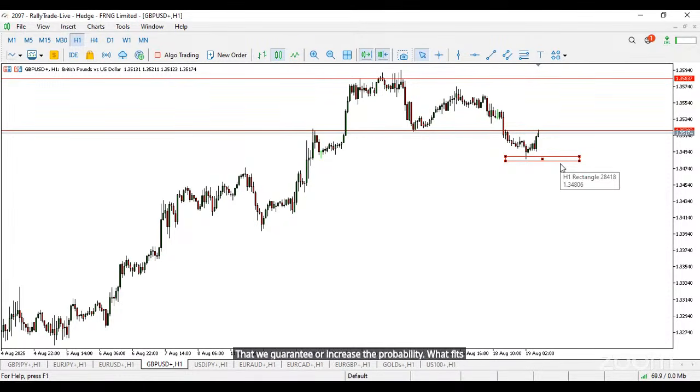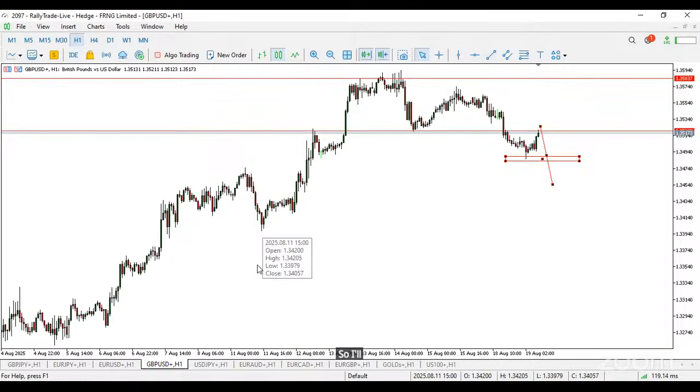If you put a sell stop at this lower low, it further increases that, because it will only pick your sell stop once the downtrend comes in. So that's the plan for British pound USD.